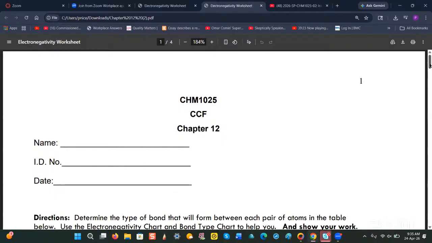So electronegativity is basically a term that is used to describe the attraction that atoms will have for electrons that they're sharing with other atoms.